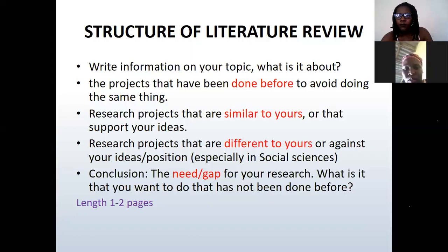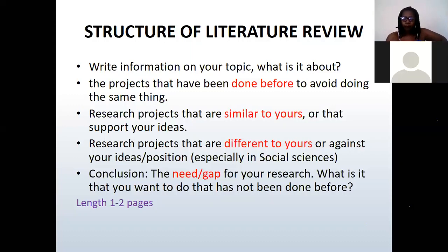Also, research projects that are similar to yours or that support your ideas. Also, you must highlight them. Each time you write in your journal the websites or the name of the book, with proper referencing of the book and websites.